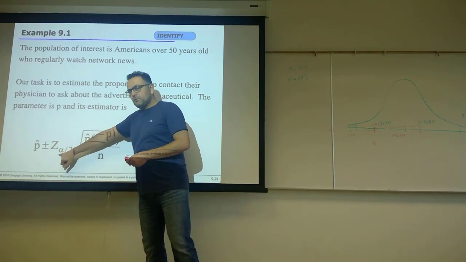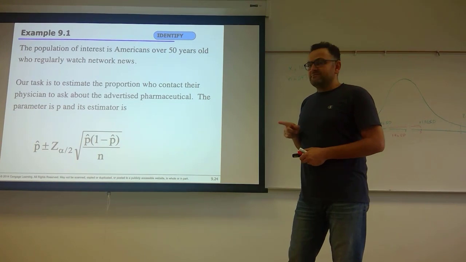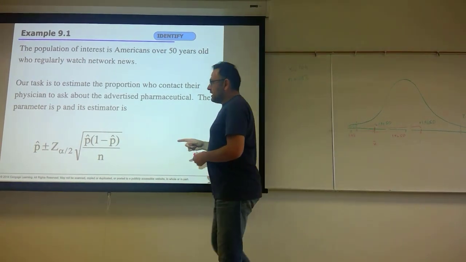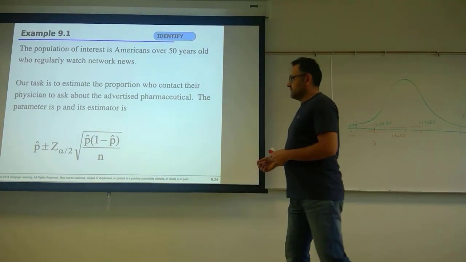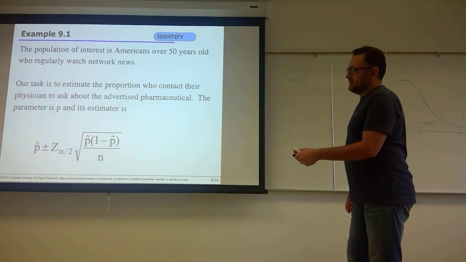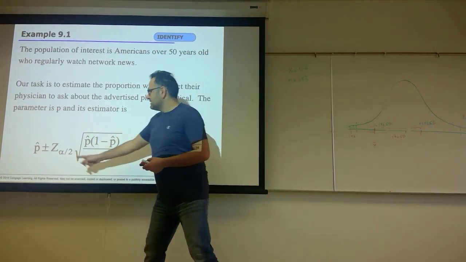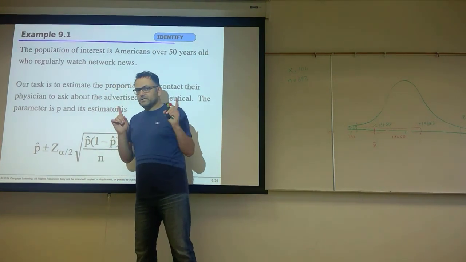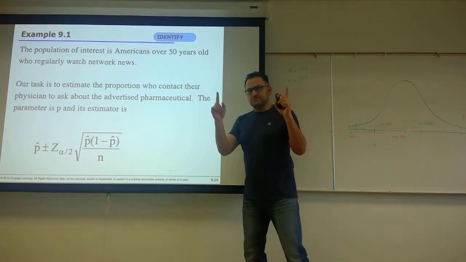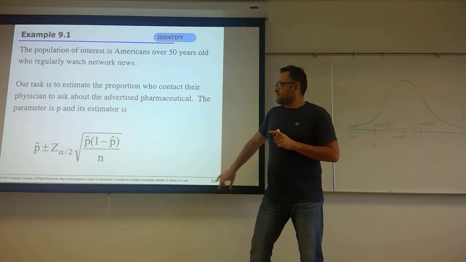If you remember, hopefully, alpha was the probability that we are wrong. So for a 95% confidence interval, alpha is 5%. It's the probability that we are wrong. So essentially, alpha half is 2.5%. So plus or minus 2.5%. This is exactly reflecting the fact that we are cutting off the two most extreme tails, the 2.5% to the left and the 2.5% to the right.